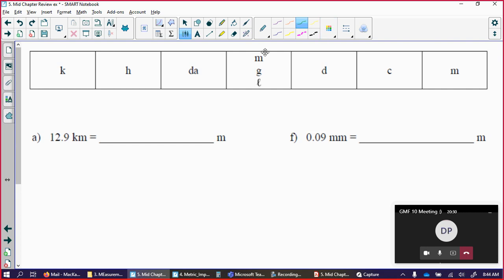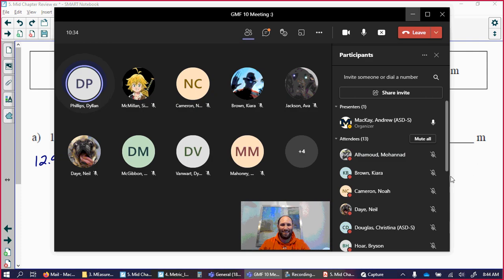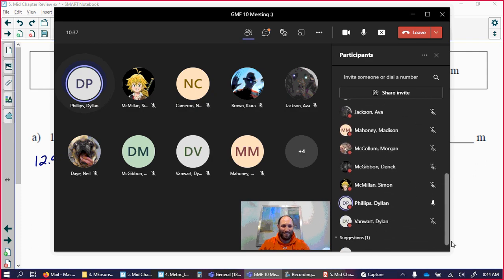So whether it's meters, grams, or liters, we're going to use this idea. This is question 2, 12.9 kilometers, and I want to go to meters. That's 3 steps. Going to the right is divide by 1,000 to 0.0129.